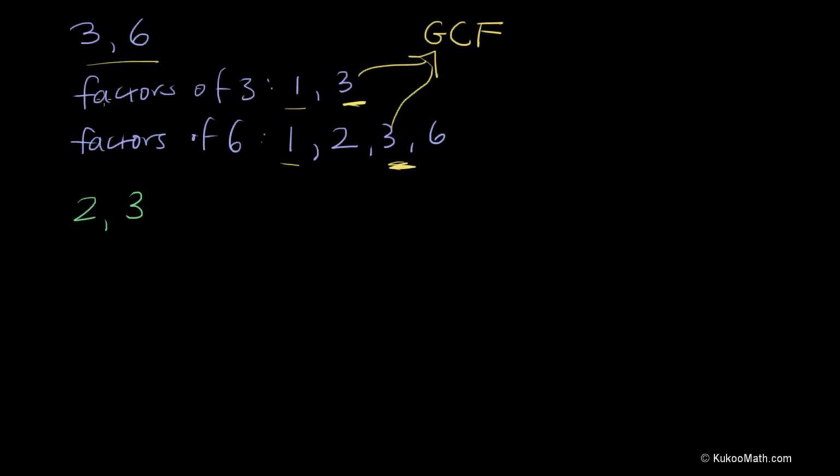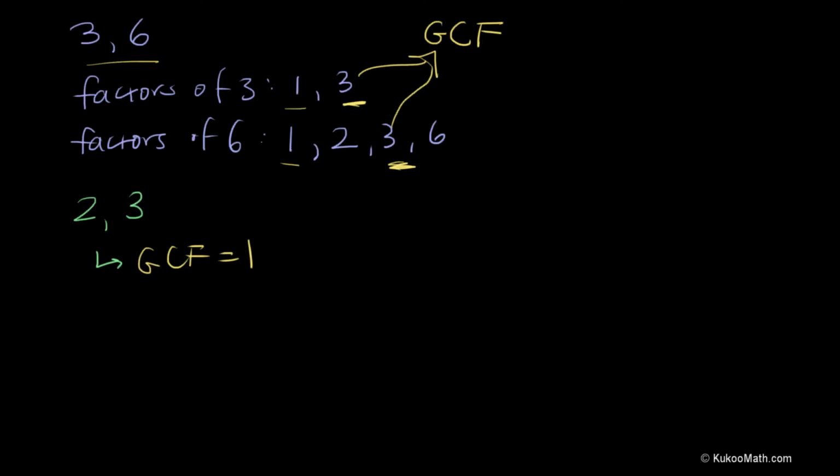The factors of 3, we wrote down before, are 1 and 3. So it doesn't seem like they have anything in common except for 1. So therefore, 1 is the greatest common factor. I'll write that as greatest common factor equals 1.